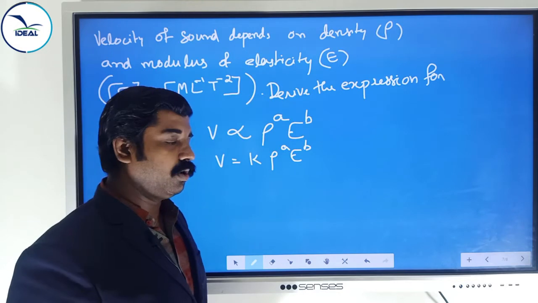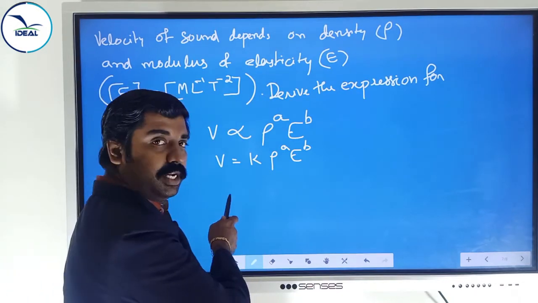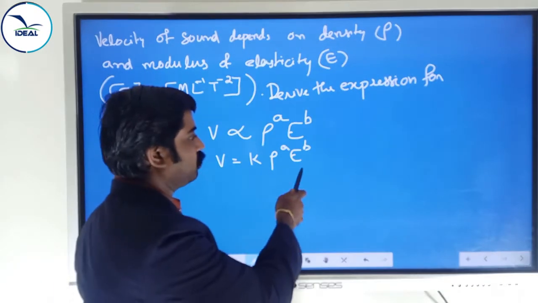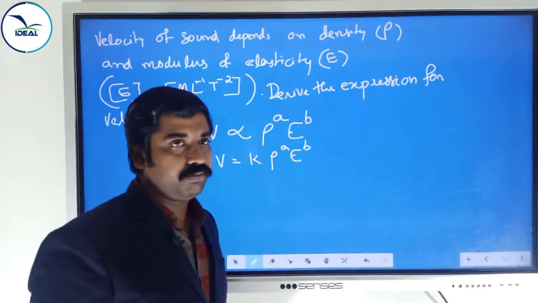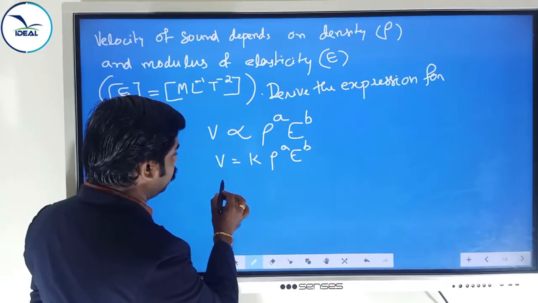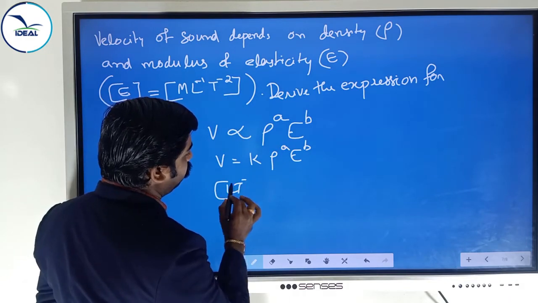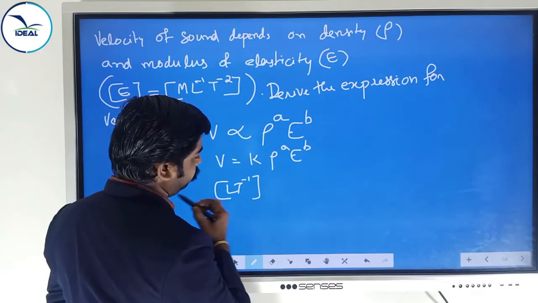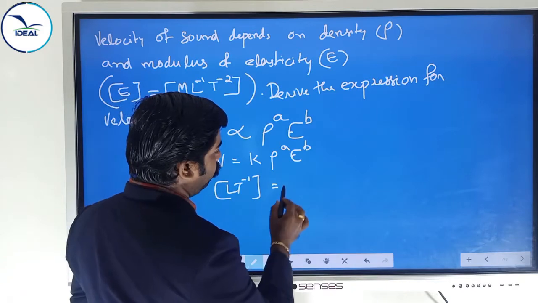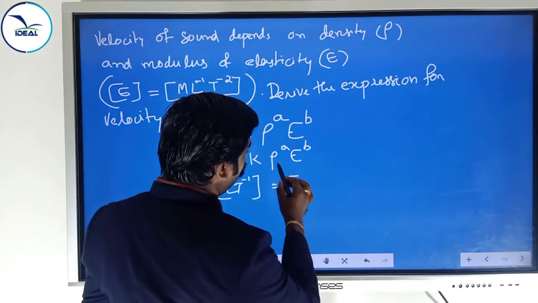Now we can use dimensional analysis, that is, the homogeneity principle. According to the homogeneity principle, the dimension of V is equal to the dimension of rho E. So we have the dimension of V is equal to LT raised to minus 1. Then that is the dimension of rho.